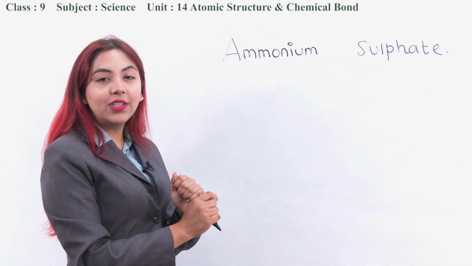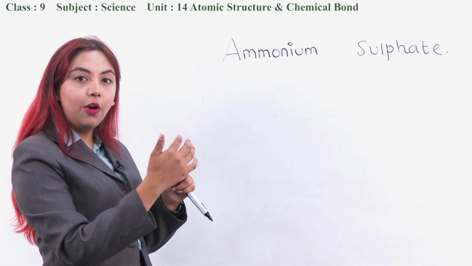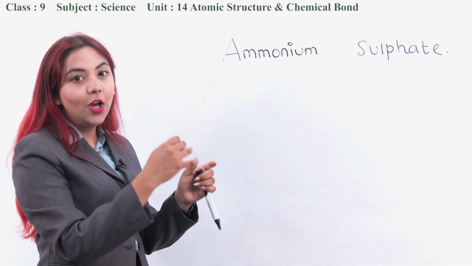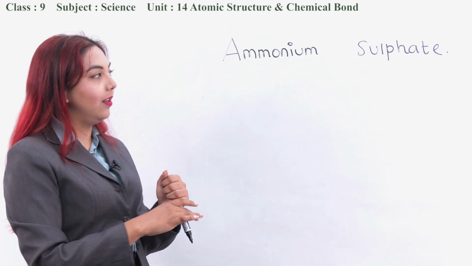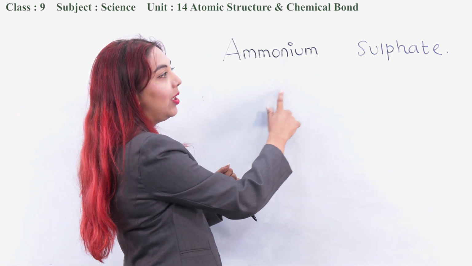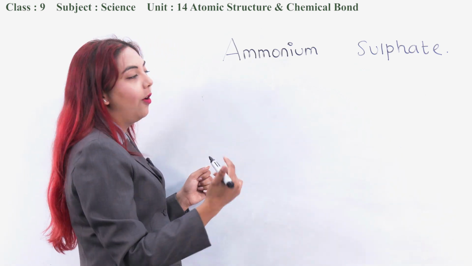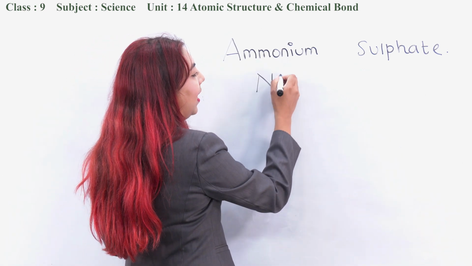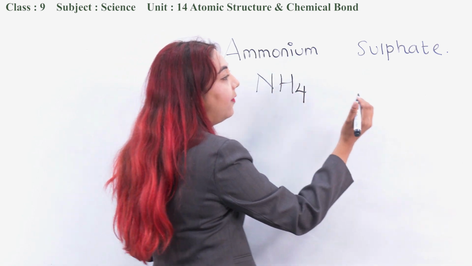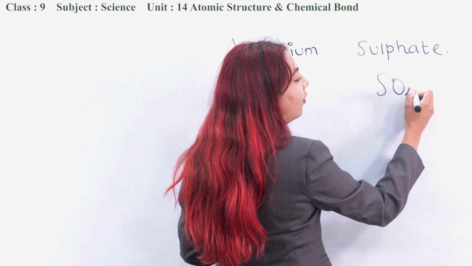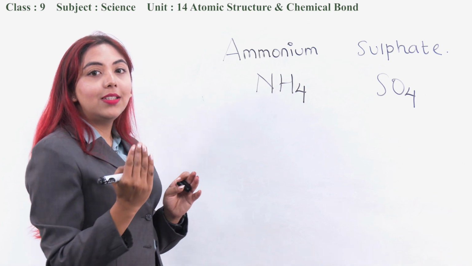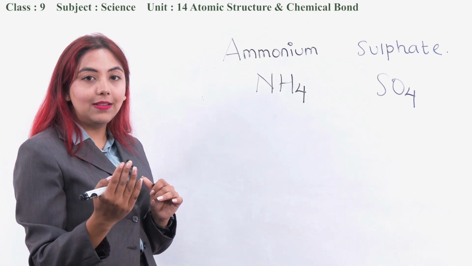Now the second step is we should write the symbol of an element if it is an element, or the formula if it is a radical. Since here we have ammonium and sulfate, both of them are radicals, so we should write the formula of the radicals. So NH4 and sulfate SO4.